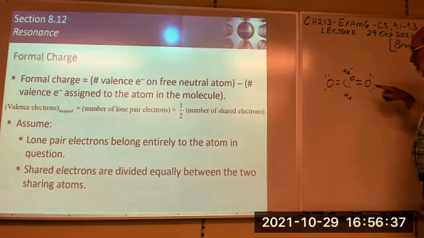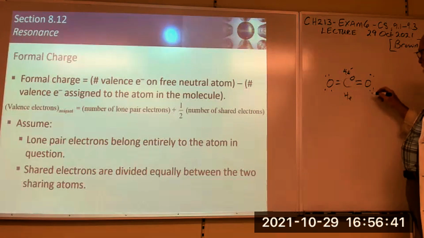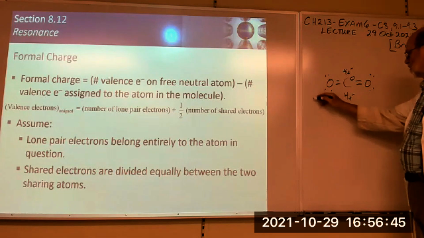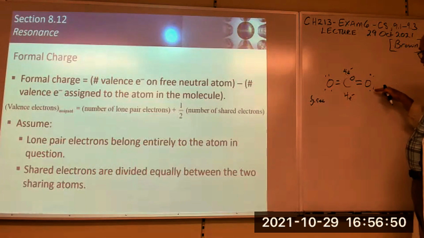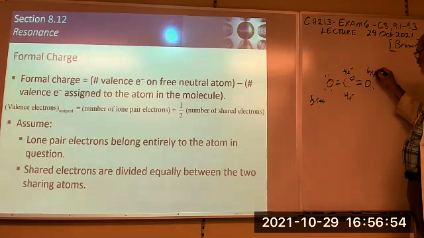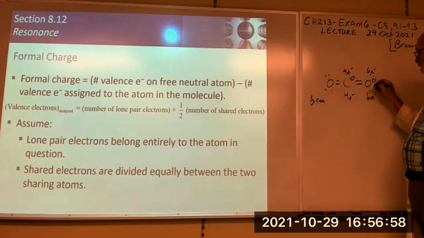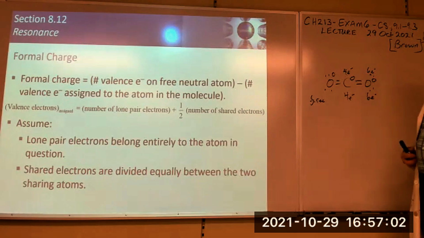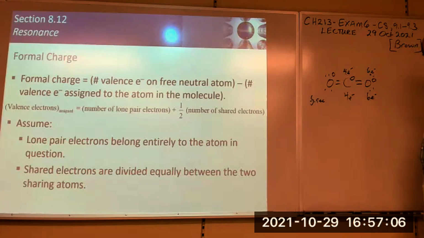This one has, let's see, oxygen would have 6 valence electrons, right? This is the free atom. So the bonded one has 1, 2, 3, 4, 5, 6, and the free one has 6. So all of these have a formal charge of 0. And that's the best, actually, the only Lewis dot structure I can think of for that.